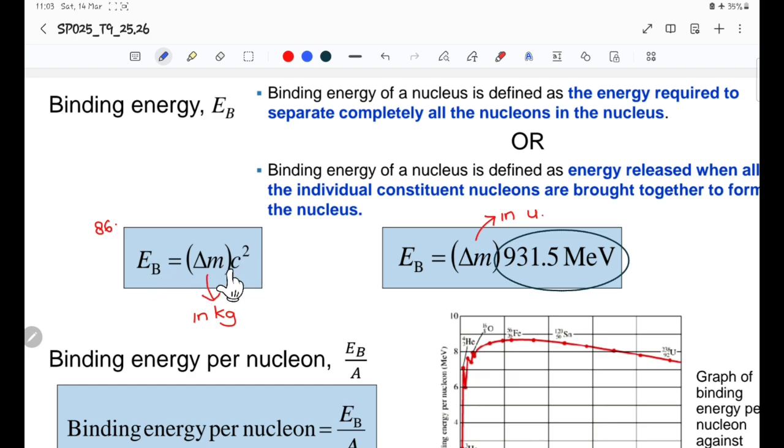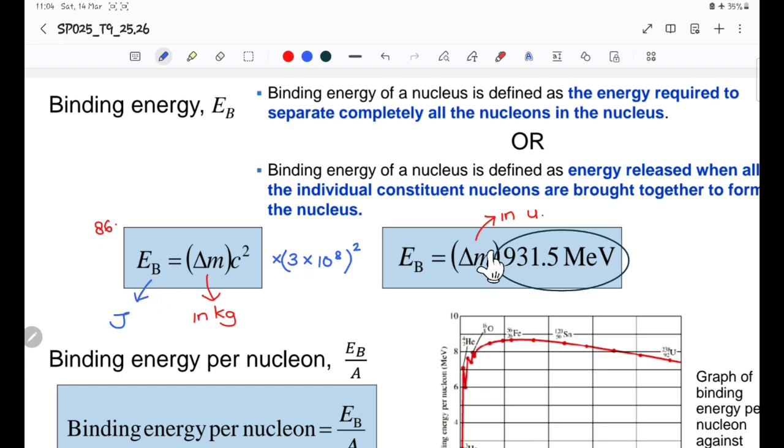So here you have to be very careful. If the delta M that you calculated, the mass defect, is in kilogram, that means you multiply with C squared, which is the speed of light in vacuum, 3 times 10 to the power of 8, squared. Do not forget the square. So you will get the unit of EB in joule.